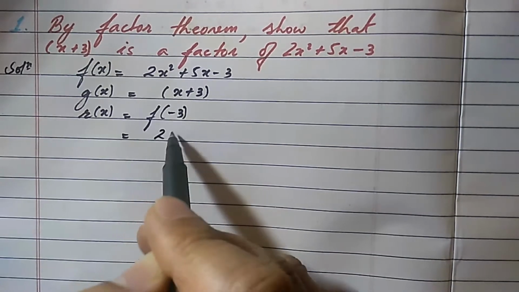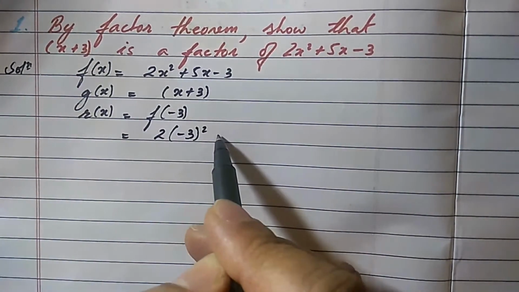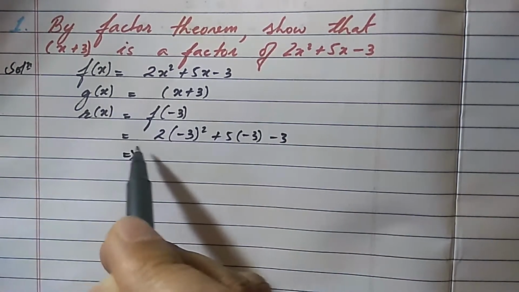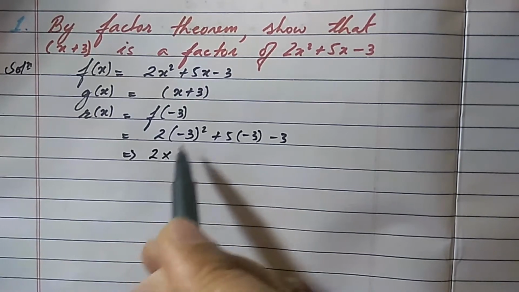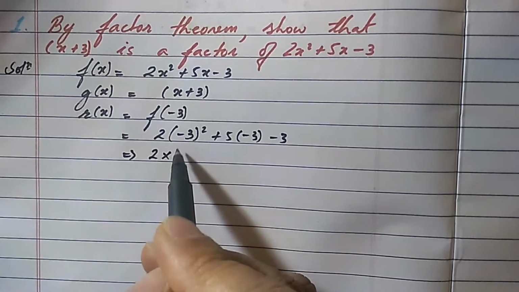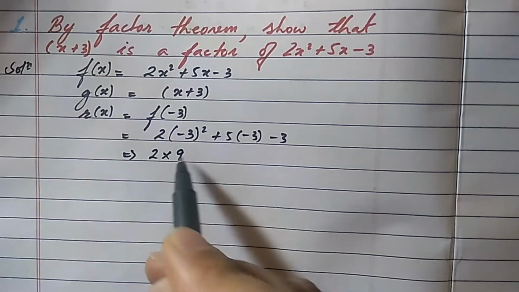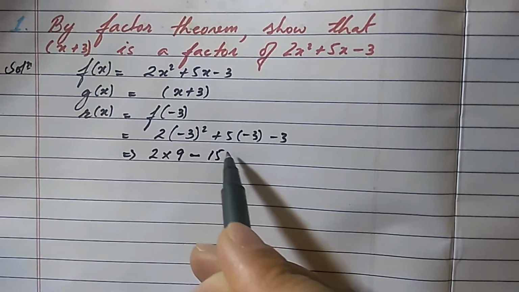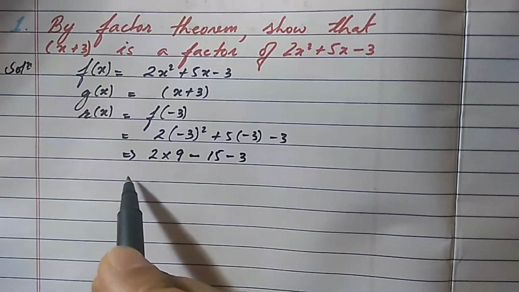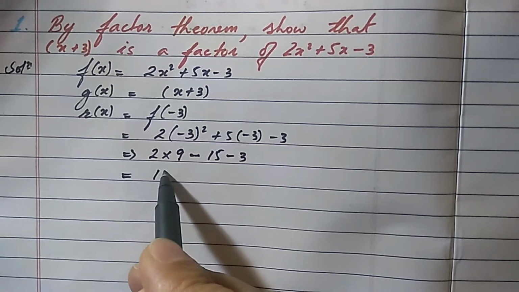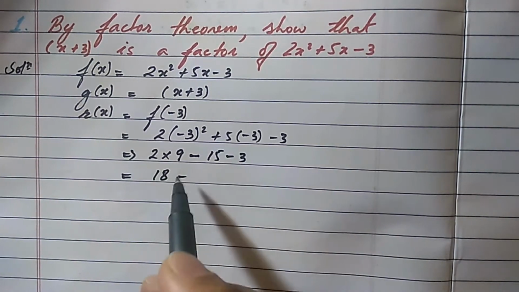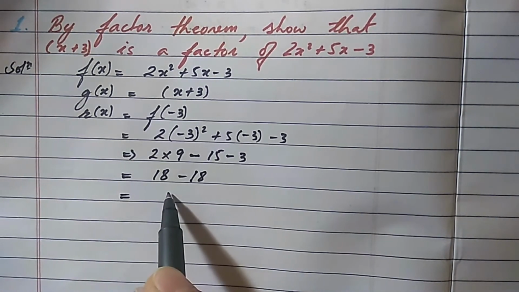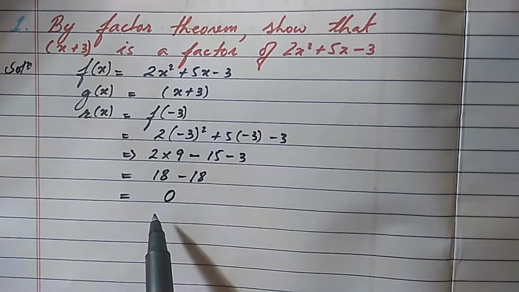When we do that, we get 2 into (minus 3) squared plus 5 into minus 3 minus 3, which implies 2 into, since a negative squared is positive, 3 squared is 9, plus 5 into minus 3 is minus 15, minus 3. 2 into 9 is 18, minus 15 minus 3 is also 18. 18 and 18 cancel, so we get the remainder 0.